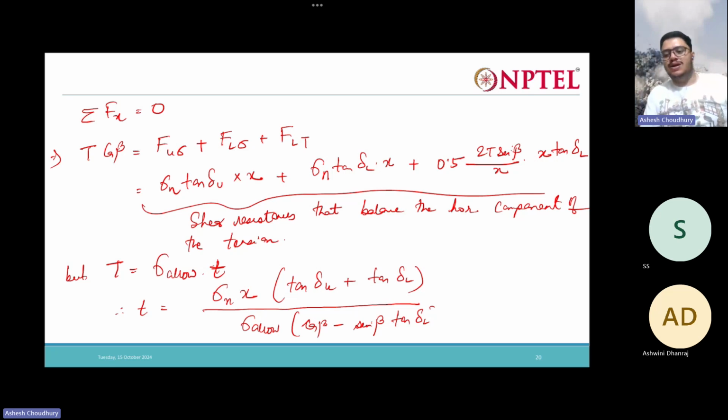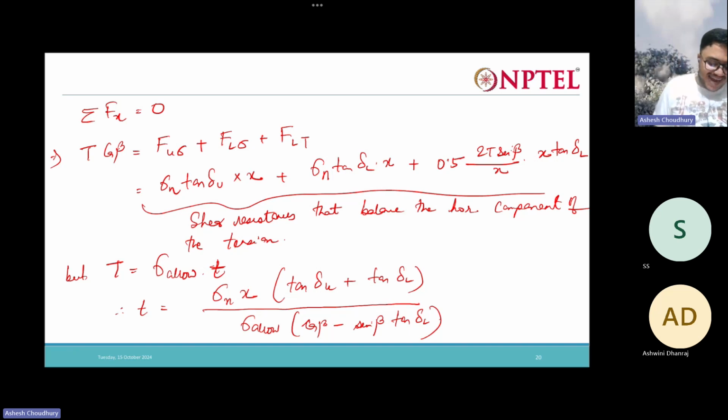So delta U is what? Delta U is the frictional resistance between the geomembrane and whatever material is above that. If it's waste, then the delta between the waste and the geomembrane. If it's water, it will be zero. If there is soil, then it will be something else: the frictional resistance between the soil and the geomembrane. Same goes for the delta L also.